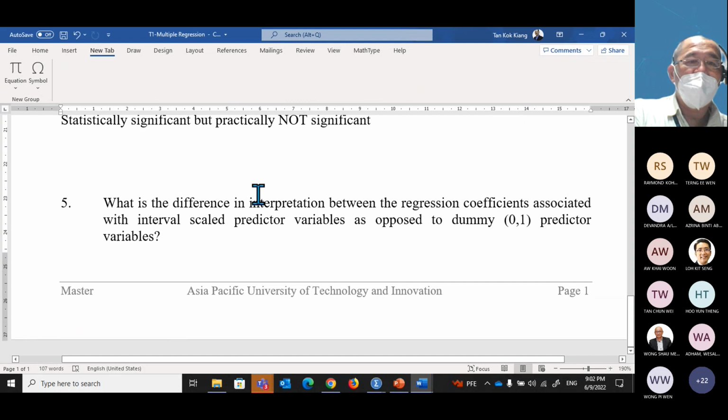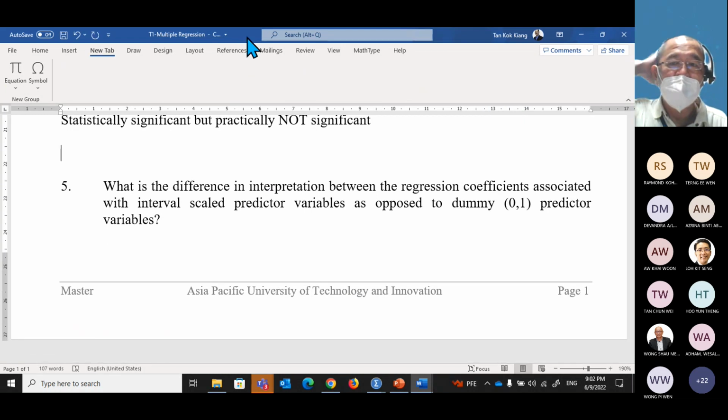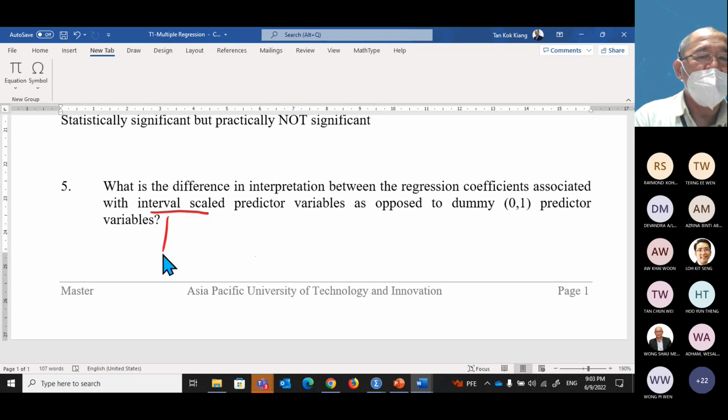Anyone want to try? This one some of you can give the answer because it was already discussed in classes. Remember interval. For interval you have two examples. First is the temperature, for example outside maybe 25 degrees Celsius.